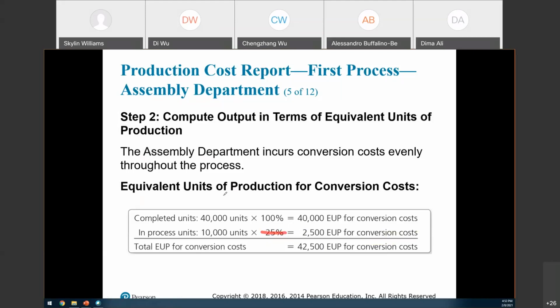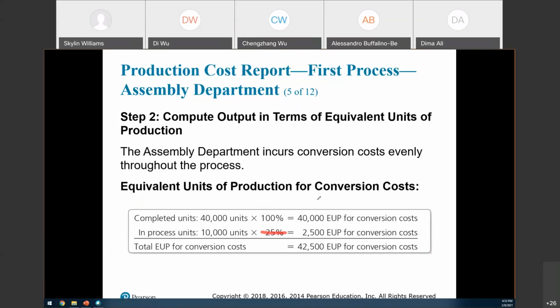So for completed units, we still times 100%, we get 40,000 EUPs for conversion cost. But for the incomplete units, or the in-process units, physically, we have 10,000 units.